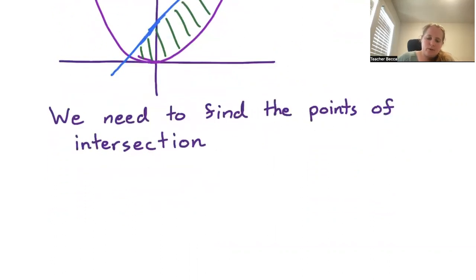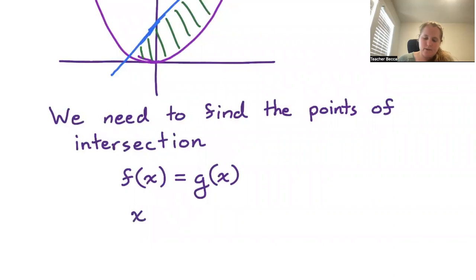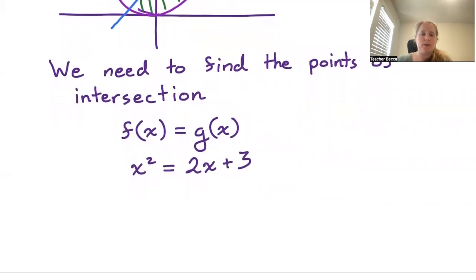To do this, we are looking at where does f of x equal g of x? F of x was x squared. G of x was 2x plus 3. So we are looking to solve x squared equals 2x plus 3.